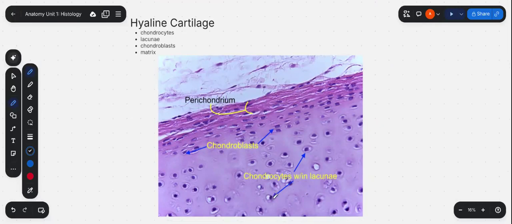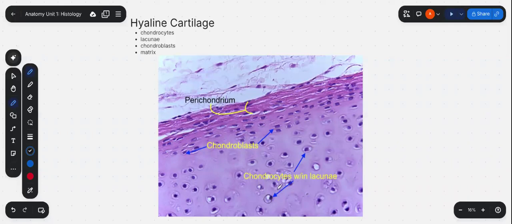Chondrocytes are going to be these blue dots that are inside the bigger circle. The reason for this is because chondrocytes are developed cells, while chondroblasts are like immature cells that haven't fully been developed yet. And they are cartilage cells.